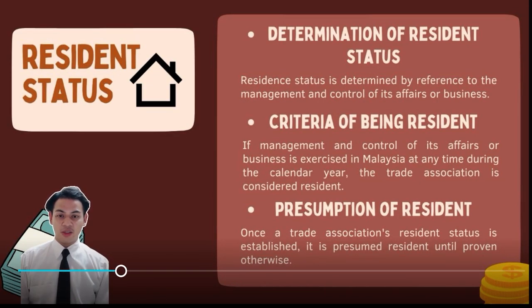After the conditions of a trade association, we need to consider its resident status. The resident status of a trade association is determined by examining where its management and control are exercised. For the criteria, if at any time during a calendar year the management and control of the trade association's affairs or business are exercised in Malaysia, the trade association will be considered a resident in Malaysia.